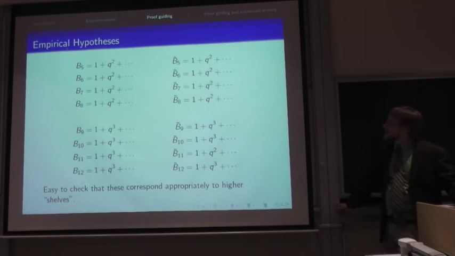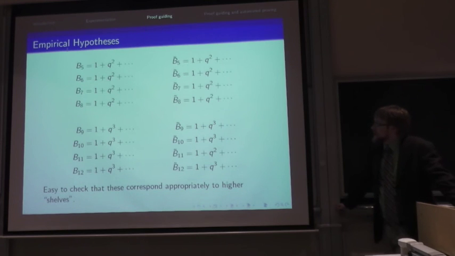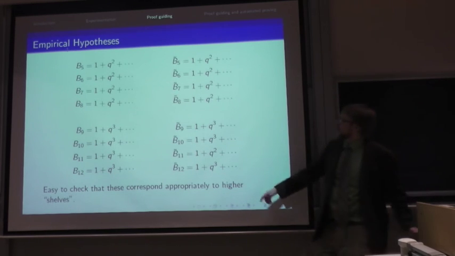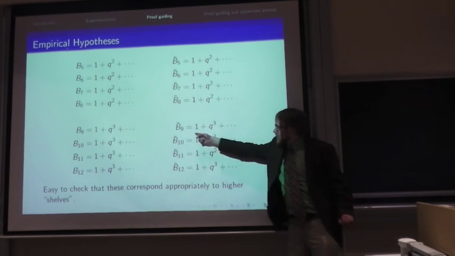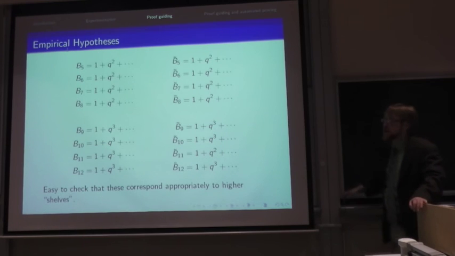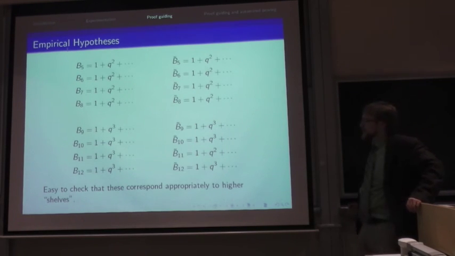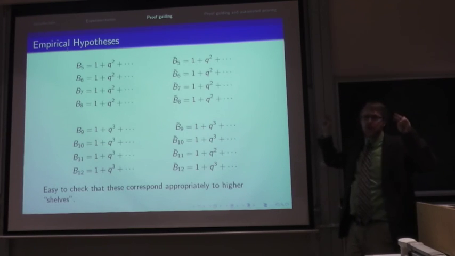And I should say, not only that, but for all of these new definitions that we came up with, the appropriate empirical hypotheses, 1 plus q, 1 plus q squared, 1 plus q cubed, and so on and so forth, those always held. Also, I don't have time to thoroughly go into this, but all of these b's and b tildes correspond to the higher shelves.